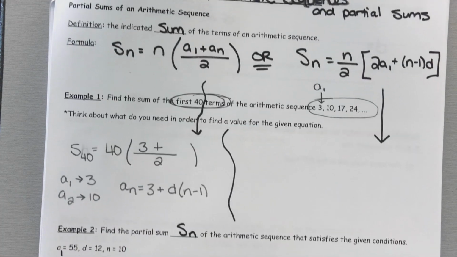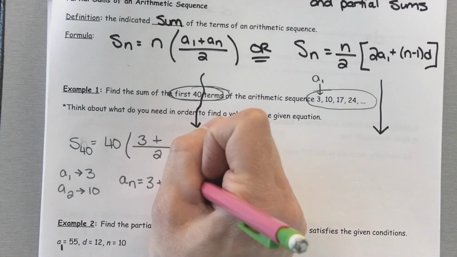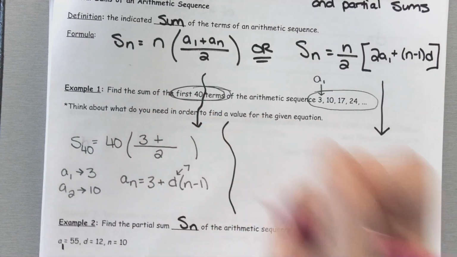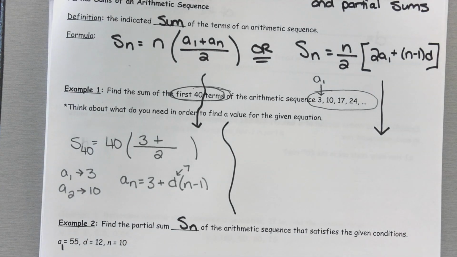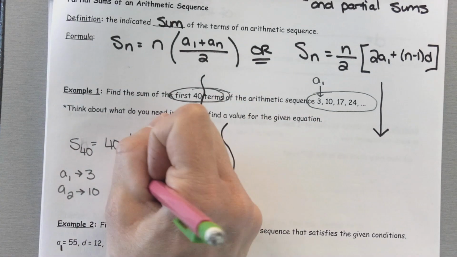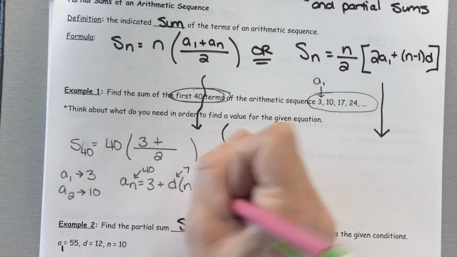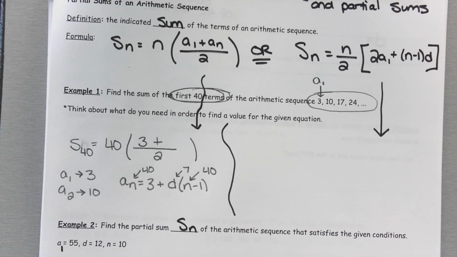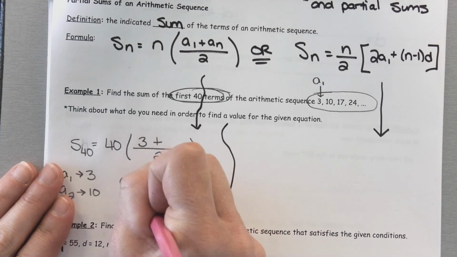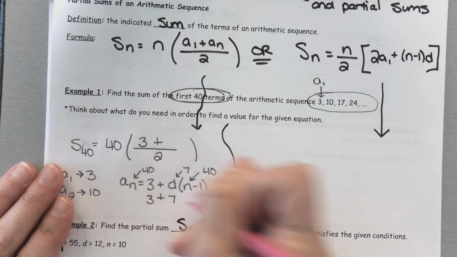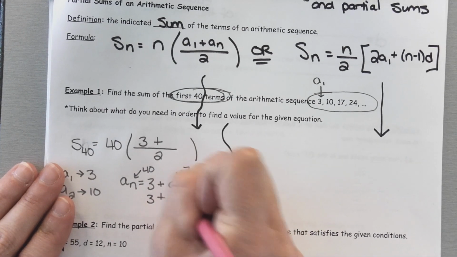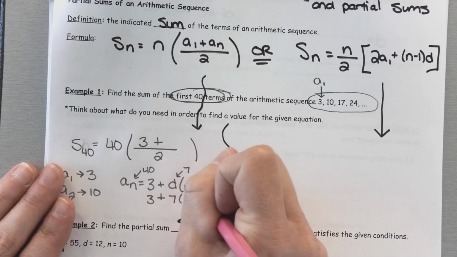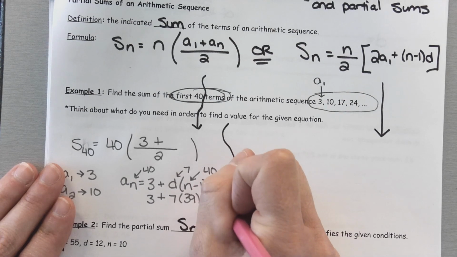What did we just say the constant difference was for this problem? Plus 7. Positive 7. And what term number did I want to find? 40. So I'm going to plug in 40, and I'm going to plug in 7. I'm going to calculate that 40th term and figure out what its value is. So I get 3 plus 7 times 39, which gives me 276.